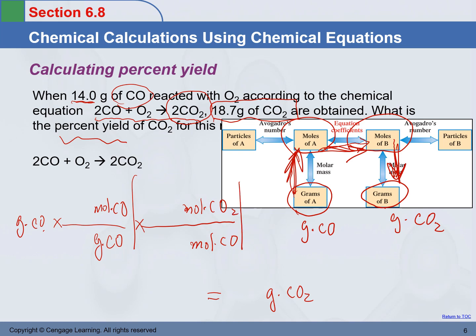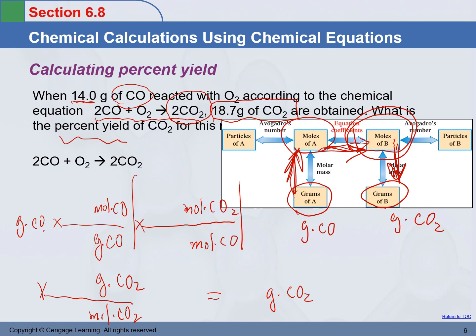By the end of here, we're in this box. Last one, from moles of carbon dioxide at the bottom, to grams of carbon dioxide on the top. This will be the final setup.